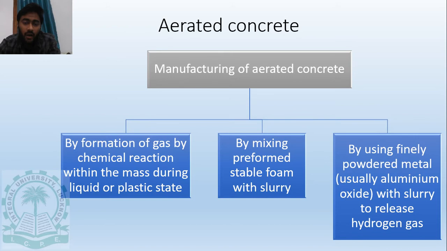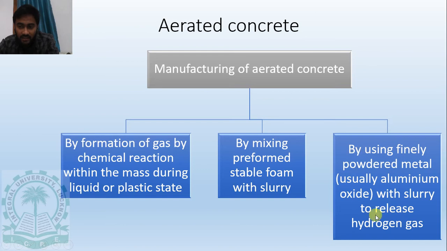So how is it manufactured now? This kind of concrete is manufactured by three methods. The first one is by formation of gas by chemical reaction within the mass during liquid or plastic state. The second one is by mixing preformed stable foam with slurry, and the third one is by using finely powdered metal, which is usually aluminum, with slurry to release hydrogen gas.